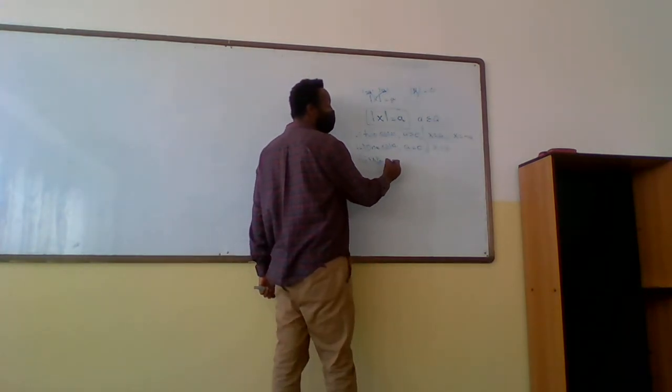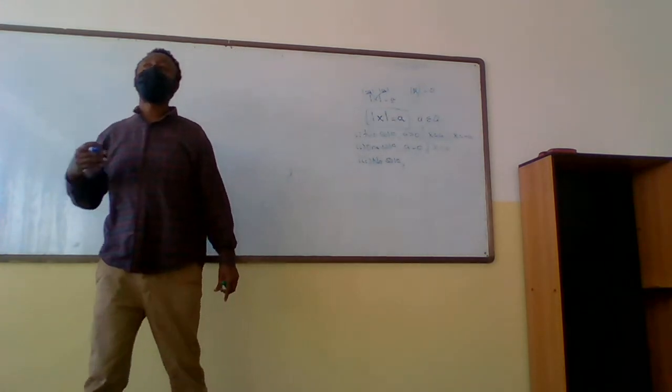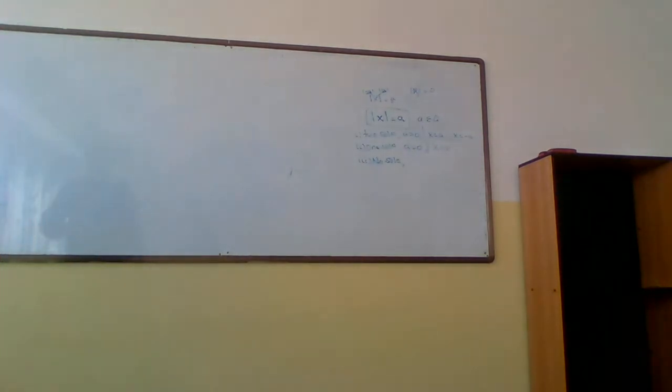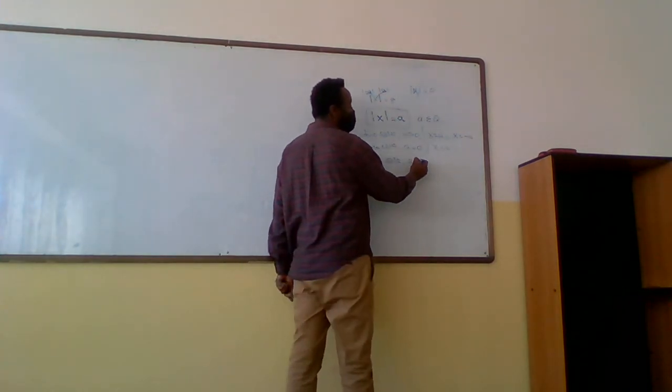Then you say the equation will have no solution. When will an absolute value equation have no solution? Yes, because the absolute value of any number can never be negative.